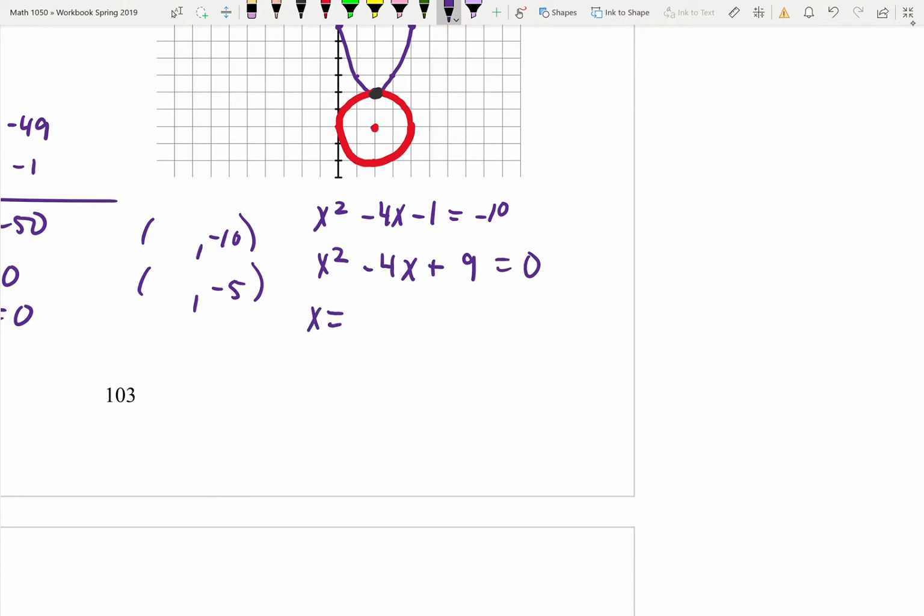x equals 4 plus or minus the square root of, please don't write -4 squared. What do I put? 16 minus 4 times a, which is 1, times c, which is 9, all over 2 times 1, which is 2. Somebody talk to me about what we've got right here.